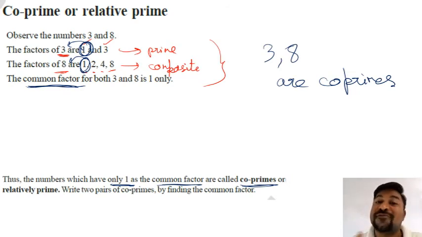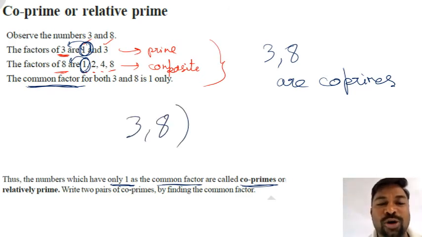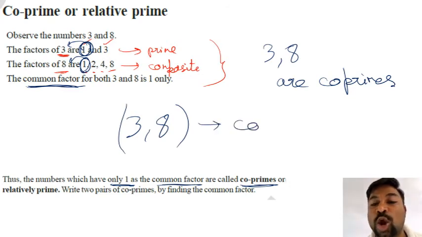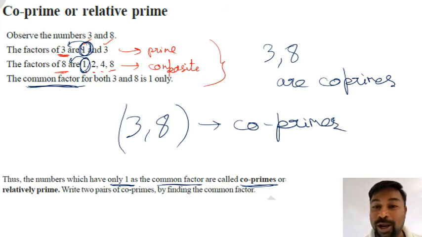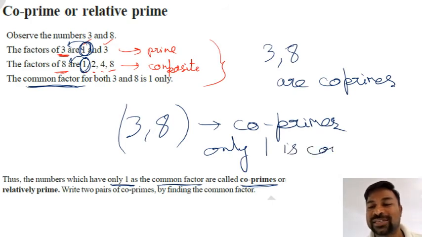So if we have only 1 as a common factor, then the set of numbers we have taken, which are the 2 numbers we have taken? 3 and 8. So 3 and 8 are co-primes. You got it? Because only 1 is the common factor.